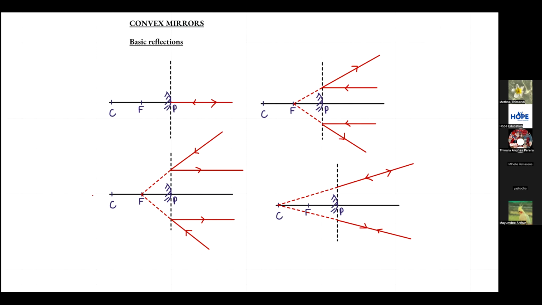Done? Everybody? Give me a thumbs up if you have finished. Okay. Now that we have learned the basic reflections, we will see how an image is formed.